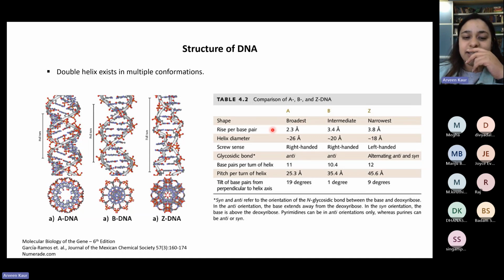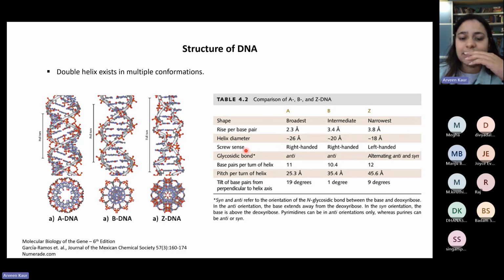Then if we talk about rise per base pair, it is the highest in case of Z, as you can see over here, that is 3.8 angstrom. Then it is for B, that is 3.4 angstrom, and then comes A with 2.3 angstrom for the rise per base pair.